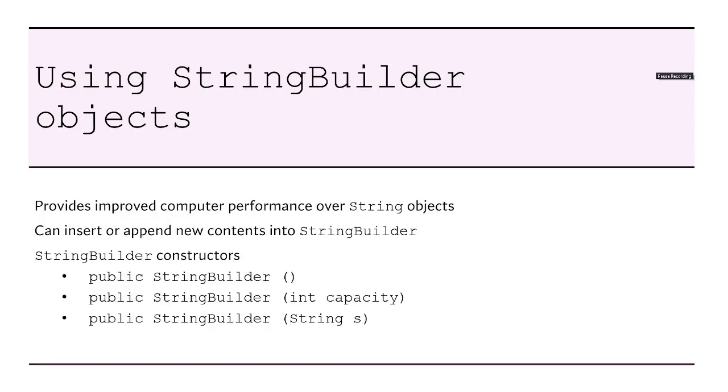If you are modifying a whole host of strings, you're going to seek improved computer performance using a StringBuilder over String objects. And these are the StringBuilder constructors. It's an overloaded constructor. You can make a blank constructor and assign a value later. You can make a constructor with a capacity, or you can make a constructor by passing in a string.